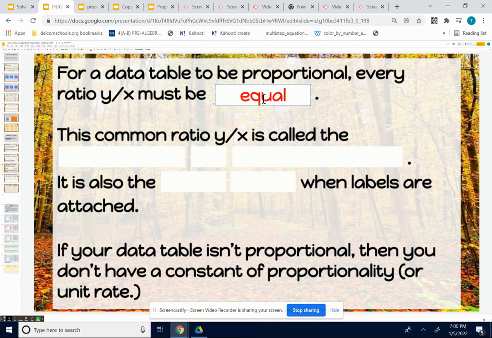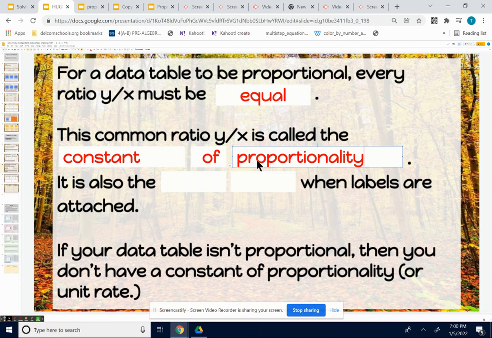And there's a special word for this ratio that's always equal. It's always constant. Constant means it stays the same. That common ratio is called the constant of proportionality.